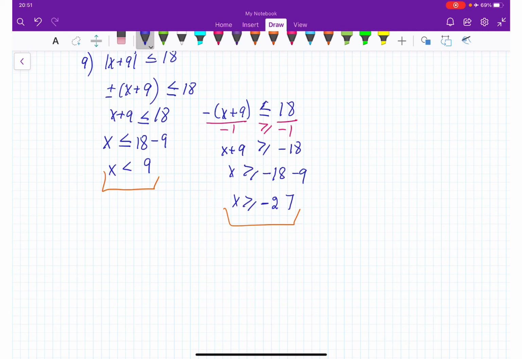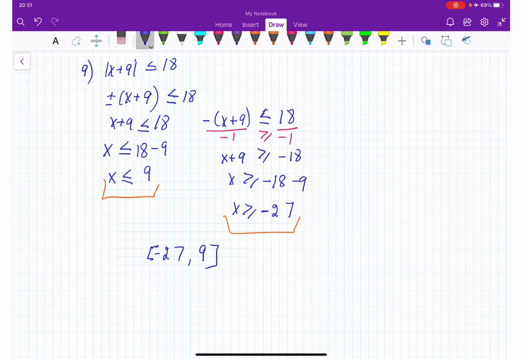Negative 27, because we have equal sign. And 9, and it's going to be parentheses. Oh, no, this one also square brackets. Okay, negative 27, positive 9. Okay, and this is going to be our solution.